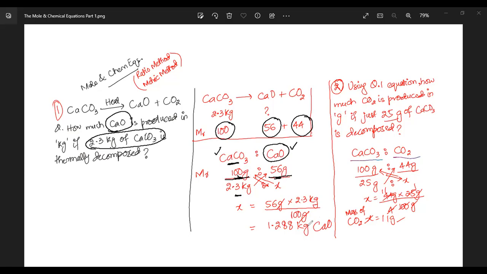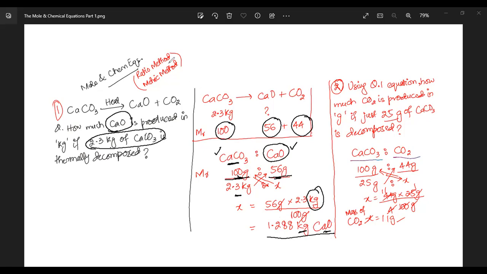We can cancel the unit grams on top and bottom. What are we left with? Numbers. If we actually work with these numbers, 56 multiplied by 2.3 divided by 100 gives us the answer 1.288. Since kilogram is the only unit left, we can write it over here, and that's the amount of calcium oxide that is actually produced.